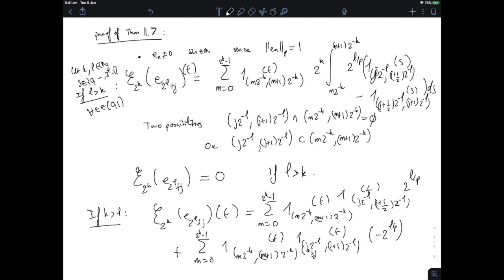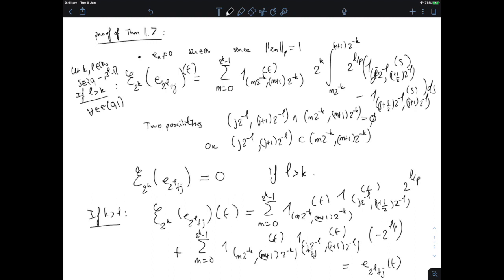And then, if you're neither on that interval nor on that interval, then you're integrating 0 anyway, because what you're integrating away from the support will be 0. So putting all of these together, you get back your e to the 2l plus j. So it really looks like e to the 2k is a projection.